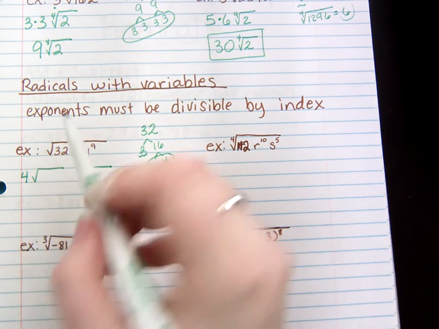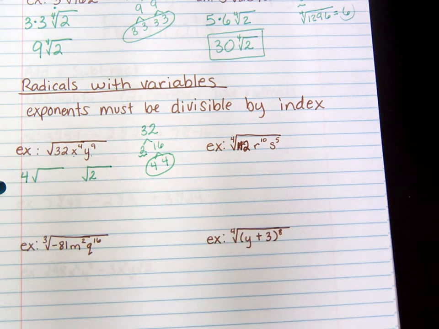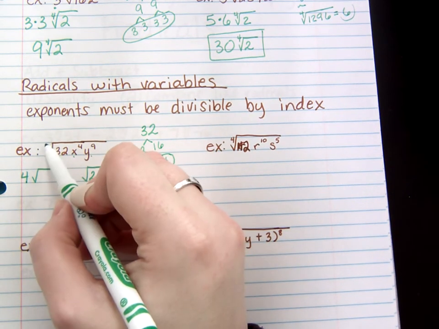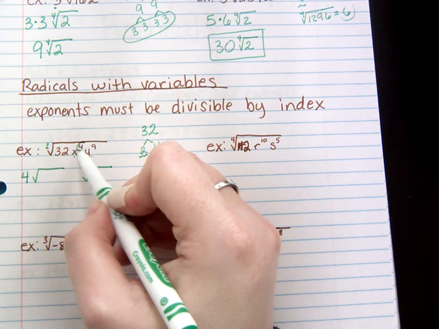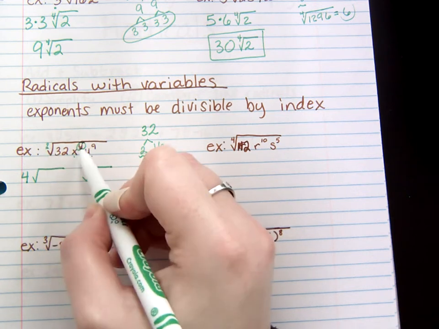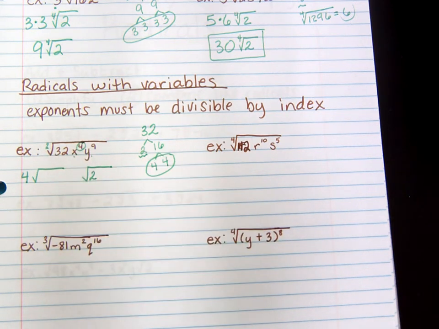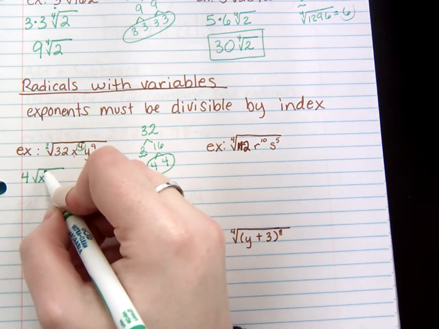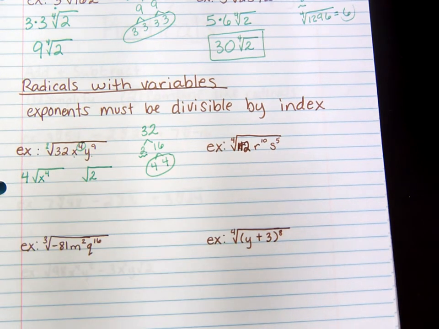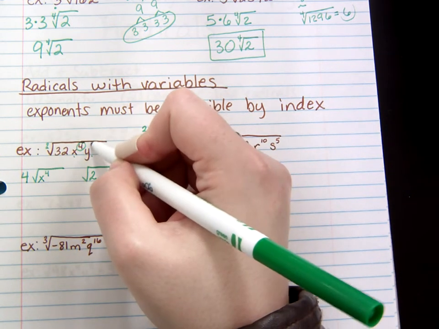Now I'm going to take a look at my variables. For us to be able to take the root of a variable, your exponent has to be divisible by the index. In this case my index is 2, so the exponent has to be divisible by 2. X to the fourth is good, because 4 is divisible by 2. Y to the ninth is not. So what I do is I find the next lowest number that is divisible by 2.